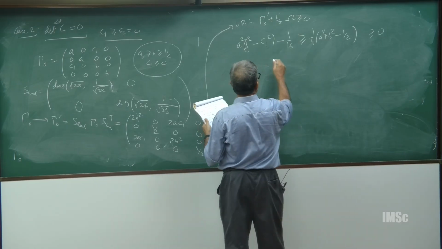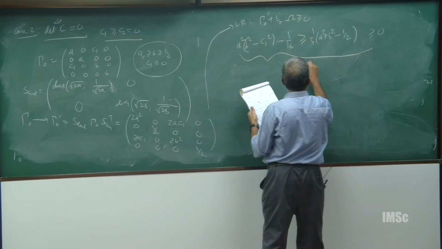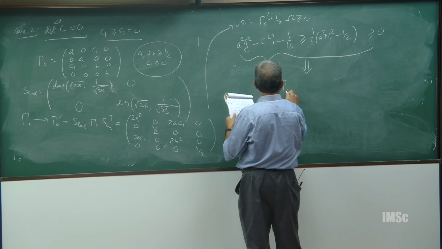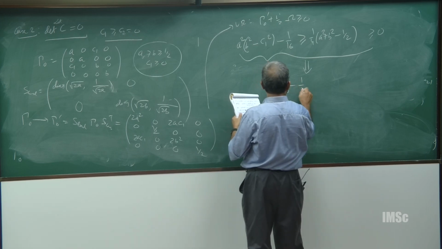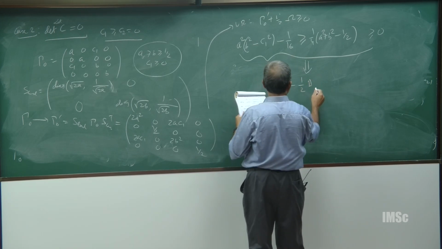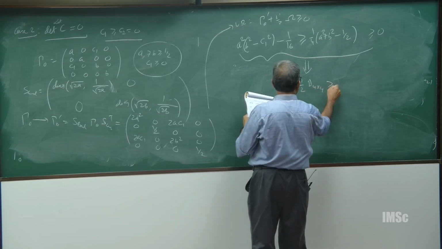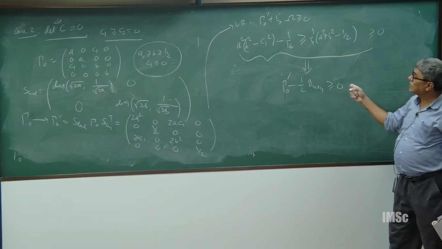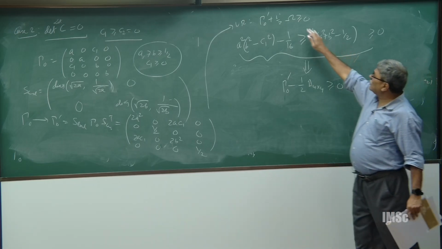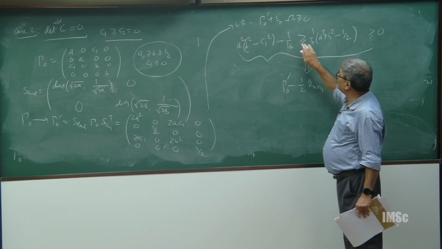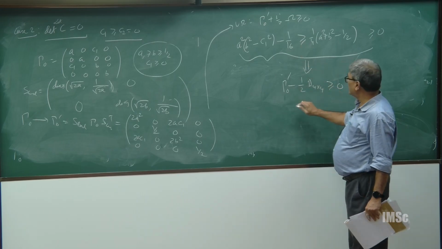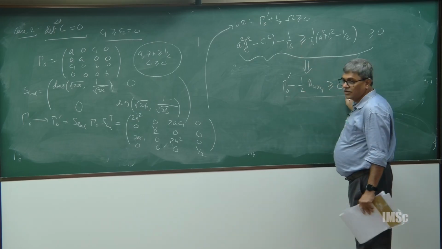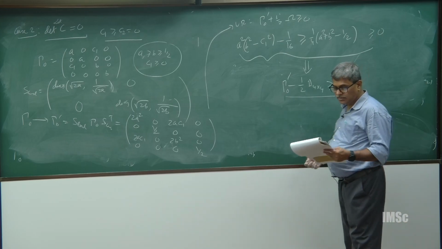So, this will imply, this you can prove, that gamma 0 prime minus half is greater than equal to 0. Okay. Is that clear? So, this is your uncertainty, and from this uncertainty you can prove that this is satisfied. Okay. Right.